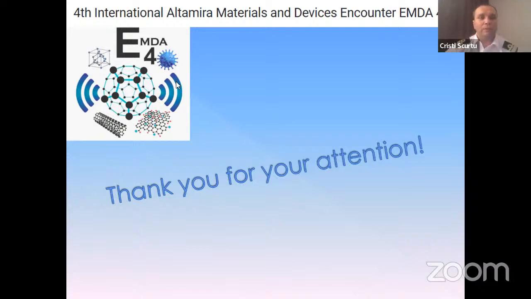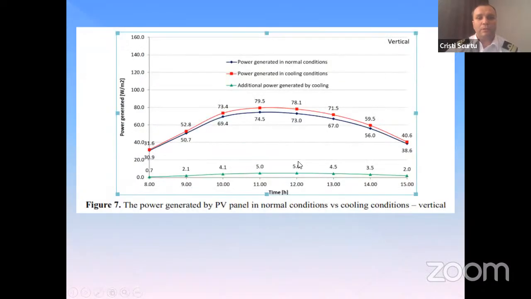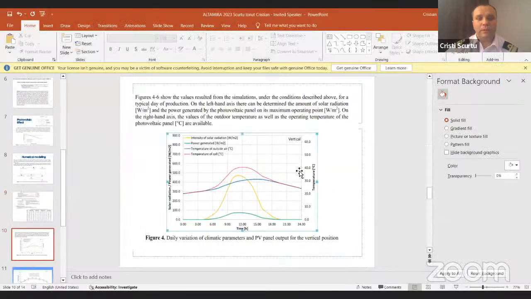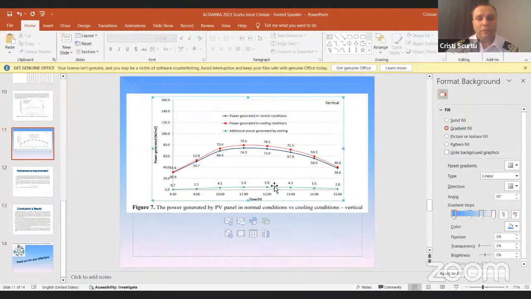Of the benefit? As I said before in this presentation, you can see in our results that we have, for example, an increase from 73 watts per square meter to 78 watts per square meter. So we have a 5 watts per square meter increase in the cooling conditions.